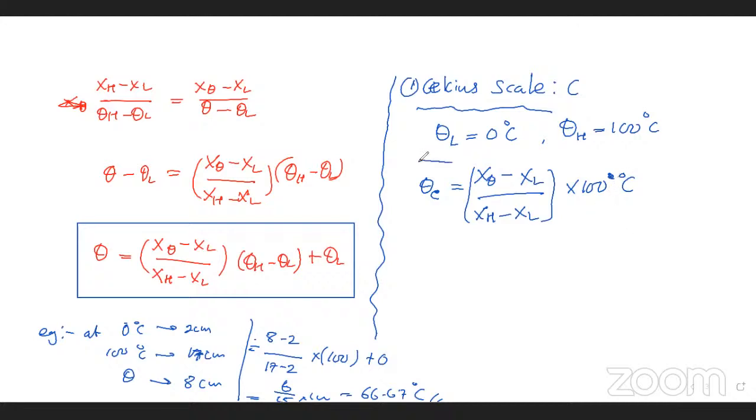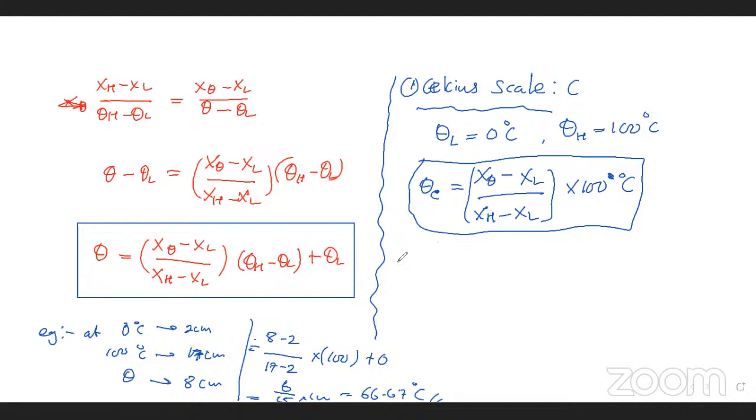This is the equation for the Celsius scale. So the Celsius scale is defined like this: between the upper and lower fixed points it is divided into 100, and the lower fixed point is taken as 0.